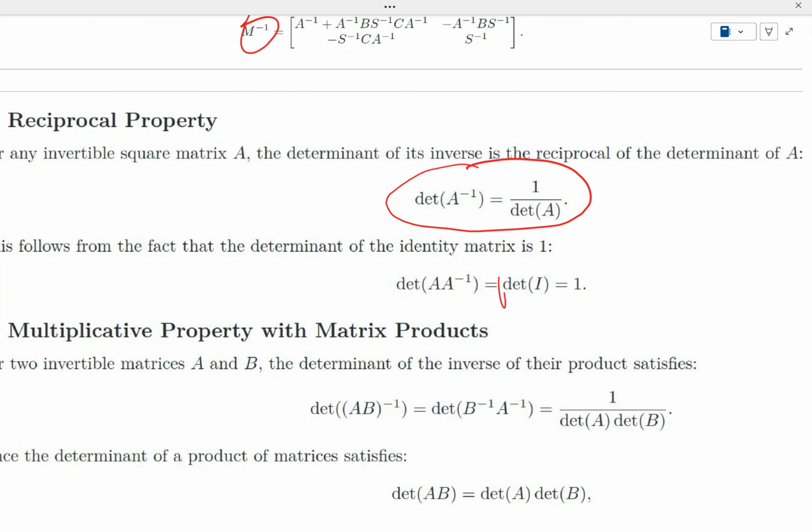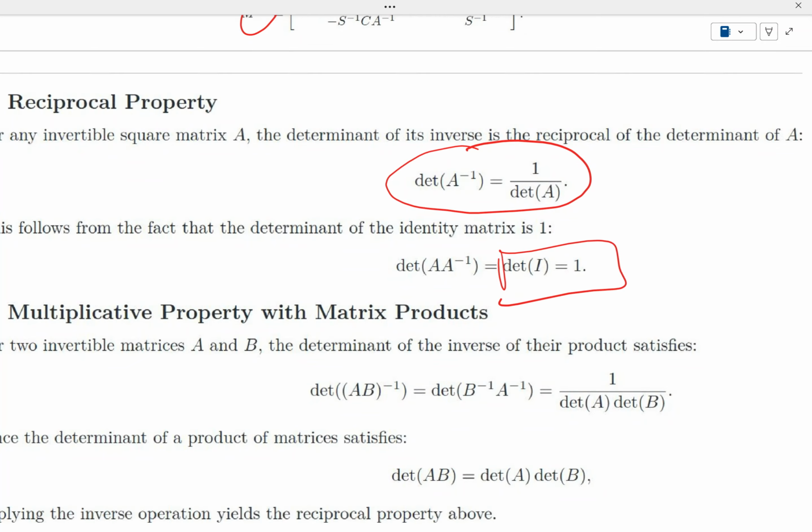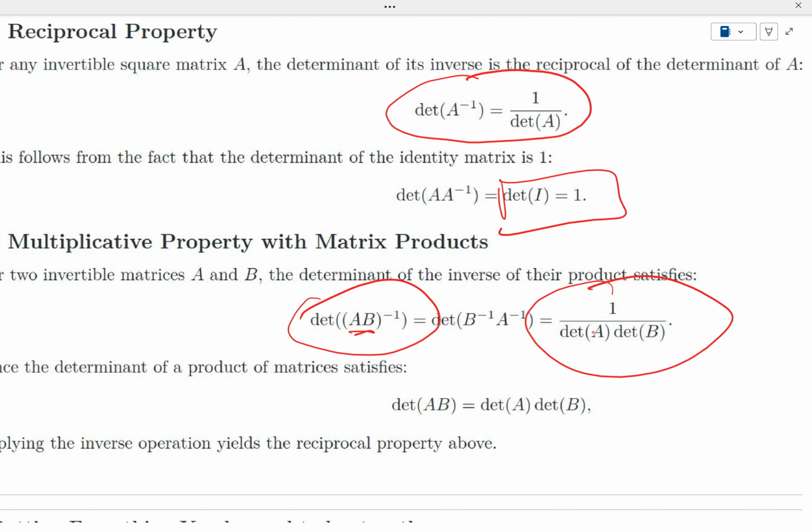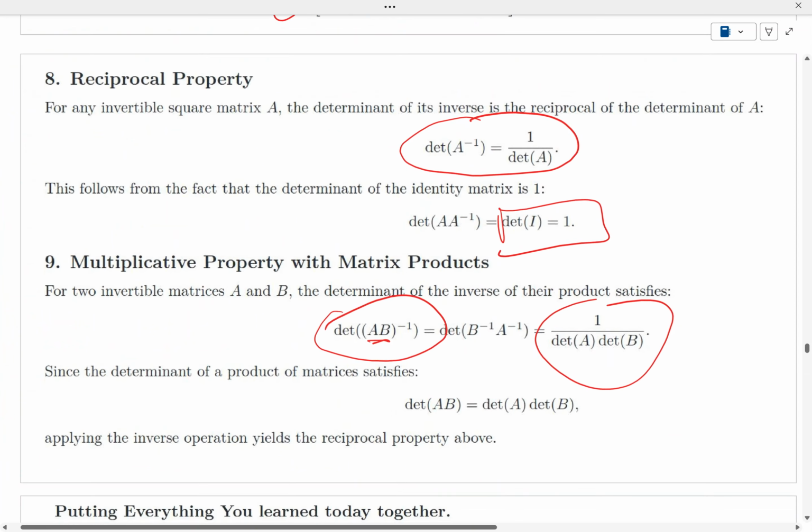That's basically what this is saying. And the very last one is the determinant of a product. We did that before. Basically we can just find determinant A, determinant B, and multiply them. These are all pretty easy.